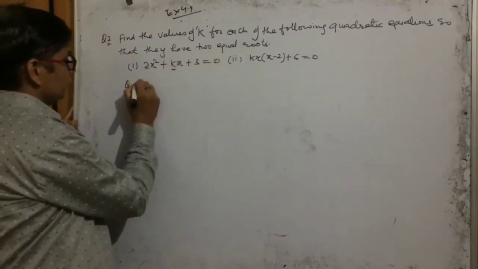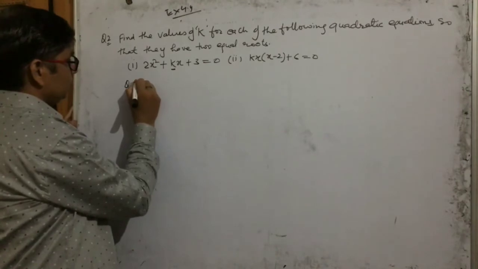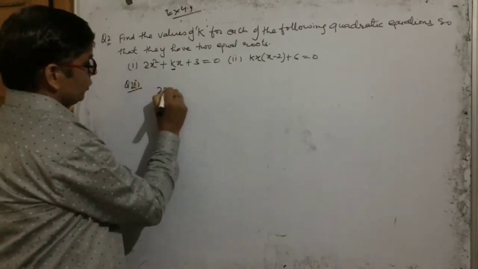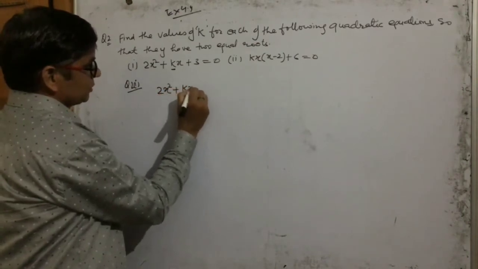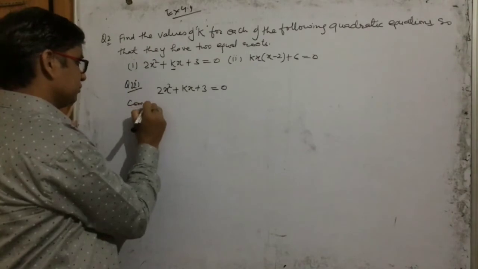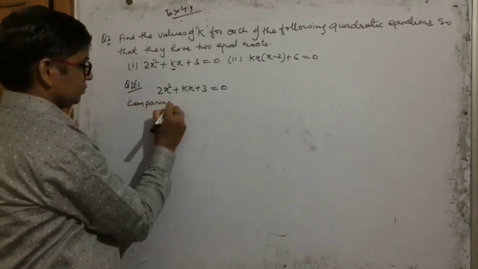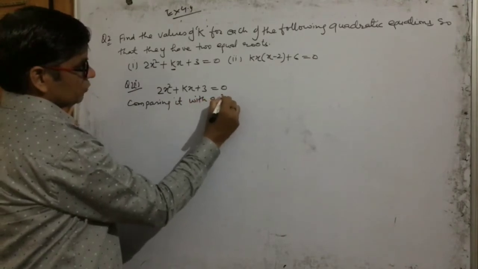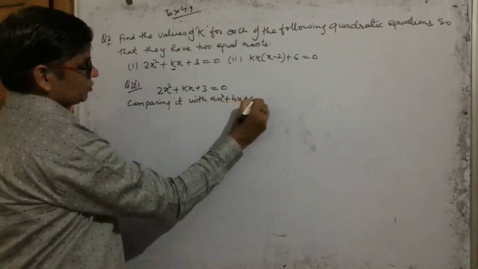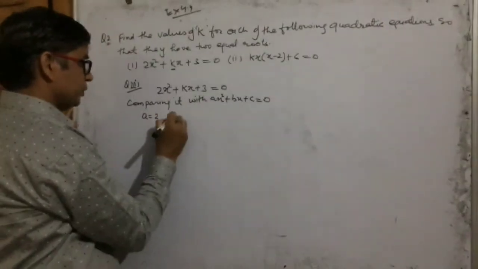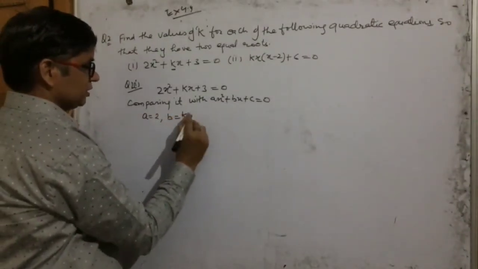Part 1 of question number 2: 2x square plus kx plus 3 equals 0. Comparing it with ax square plus bx plus c equals 0, a equals 2, b equals k and c equals 3.